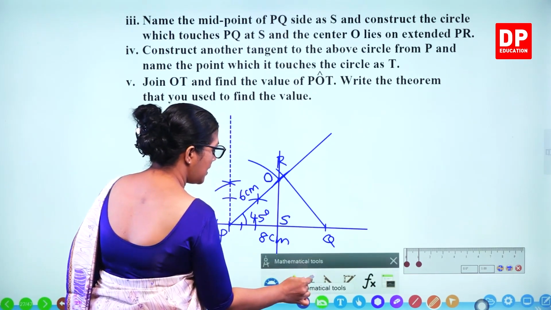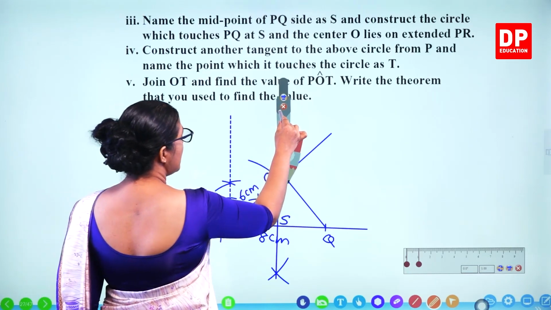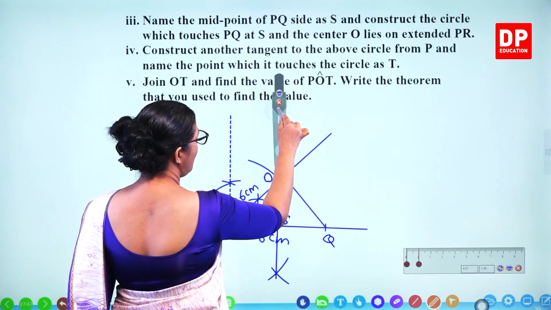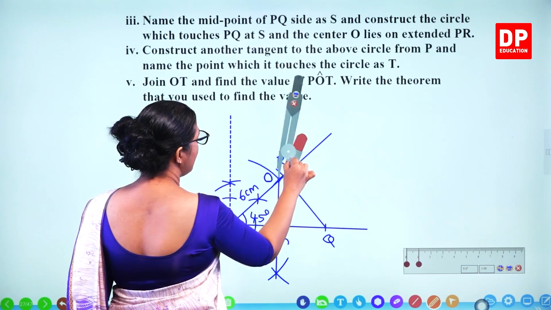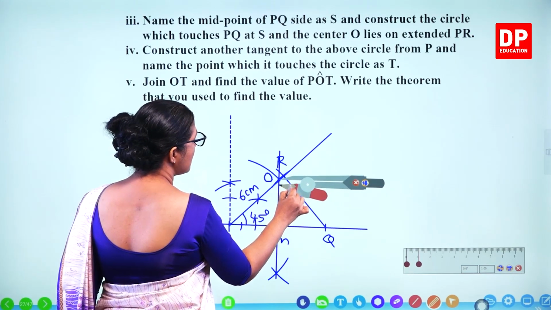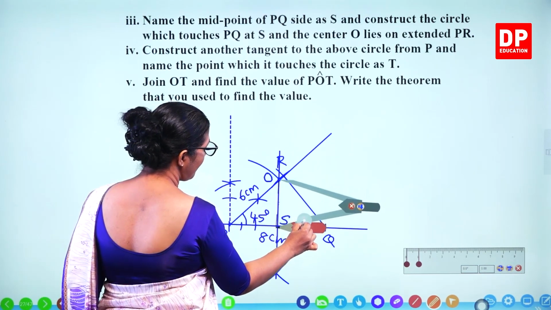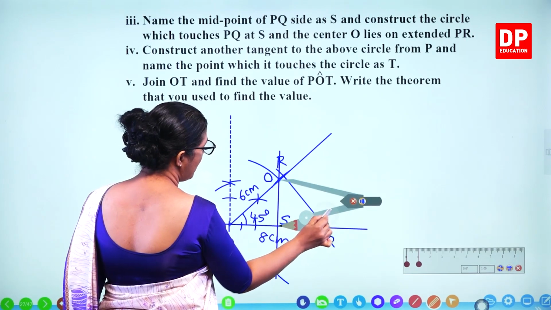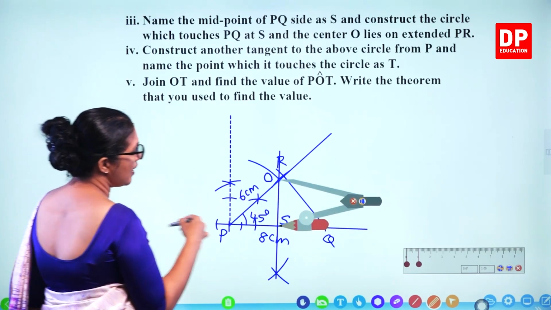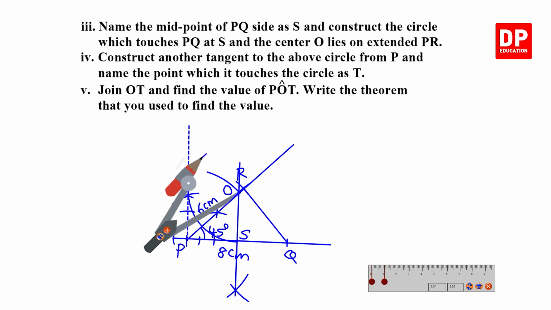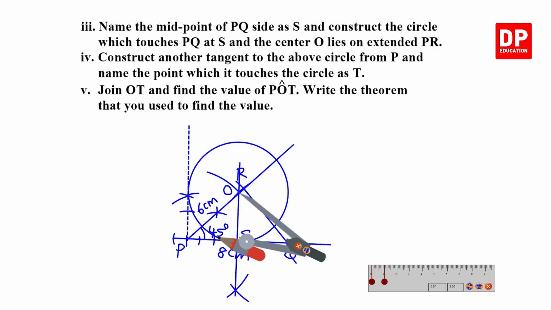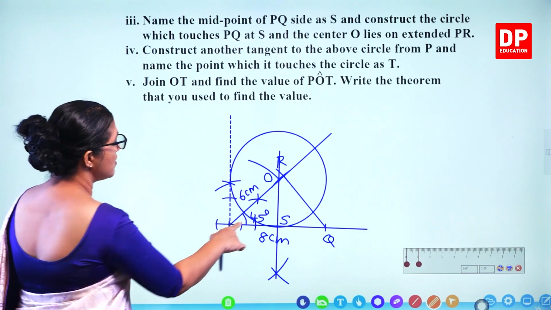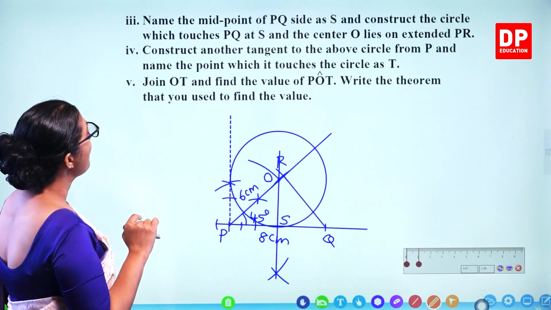Now we can take the compass here to here. So OS should be the radius. Now we can draw the circle which touches this one and here. So here touches at S.